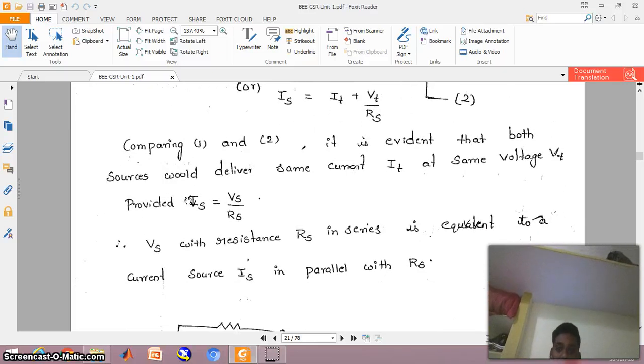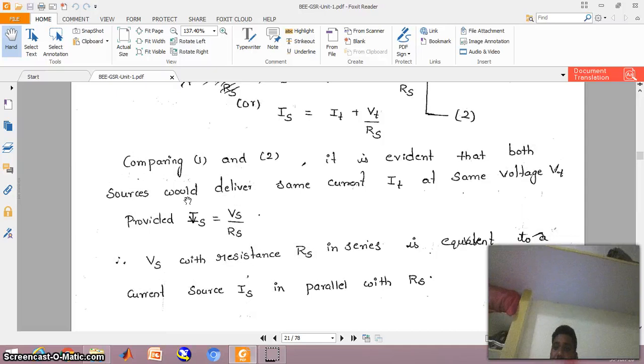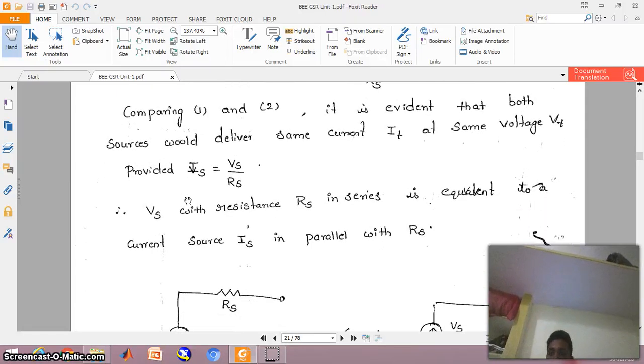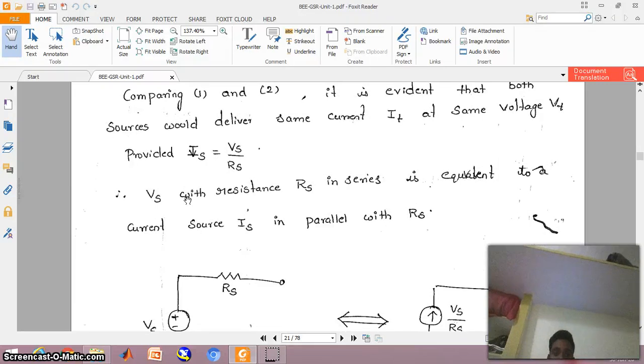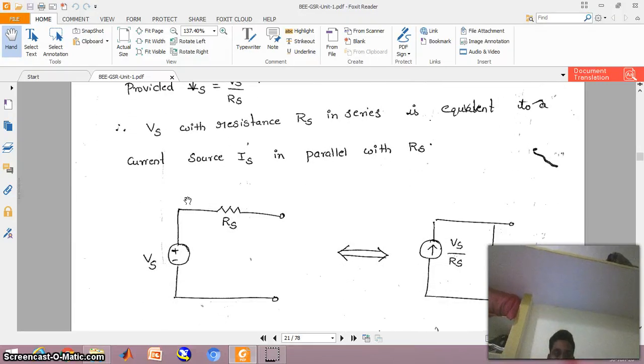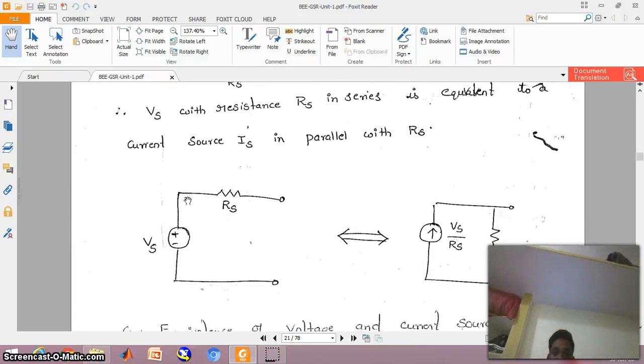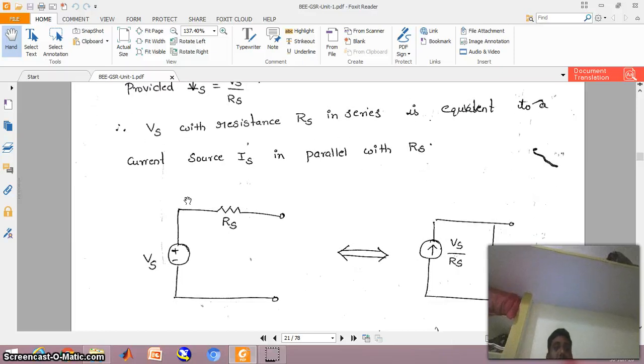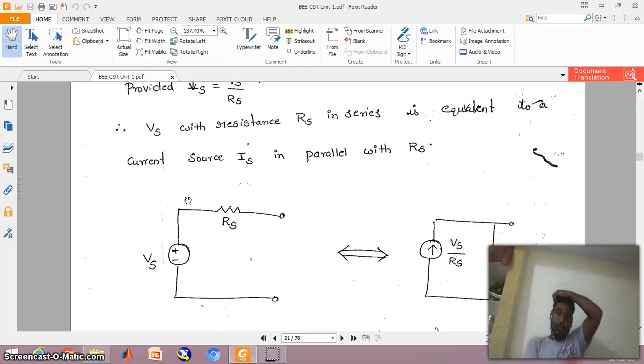Comparing equation number 1 and 2, it is evident that both sources would deliver same current It at same voltage Vt, provided Is is equal to Vs by Rs. So Vs with resistance Rs in series is equivalent to a current source Is in parallel with the Rs.